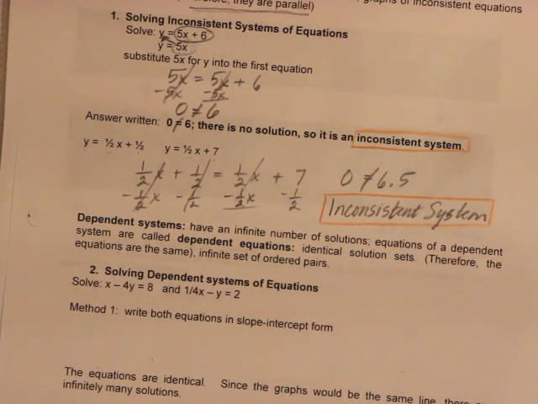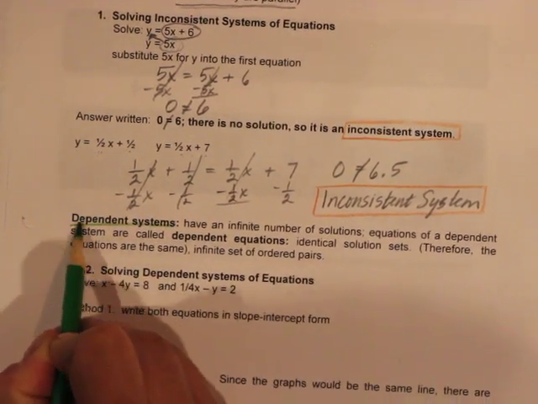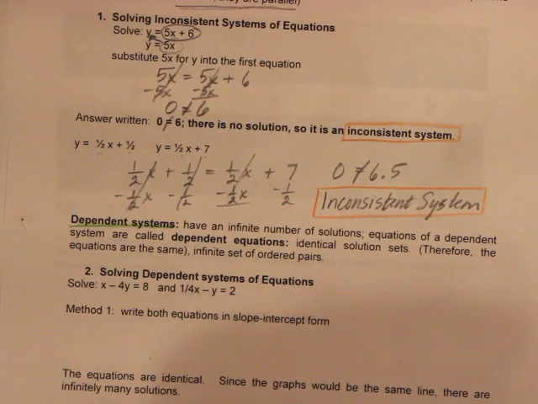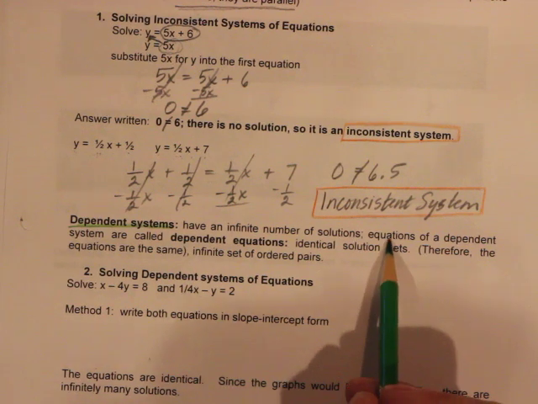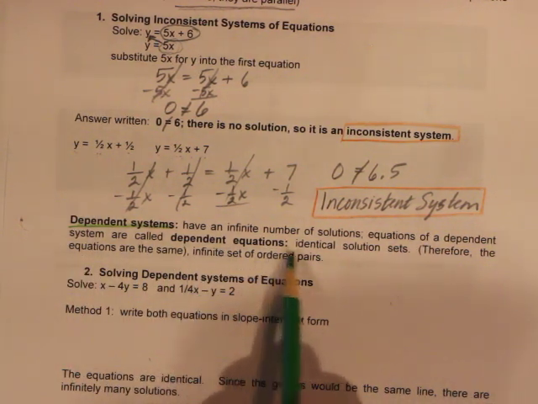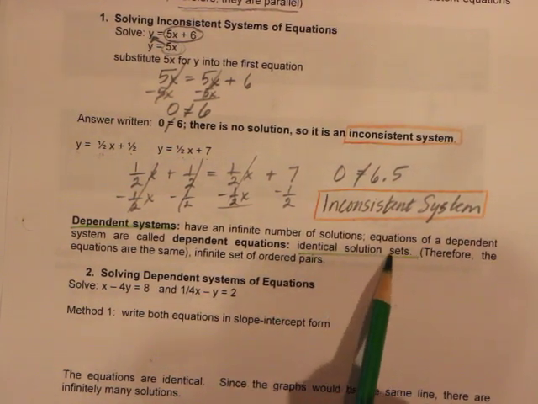The first type of consistent systems is called a dependent system. A dependent system has an infinite number of solutions. Infinite number of solutions, all right? So equations of a dependent system are called dependent equations, meaning they have identical solution sets.